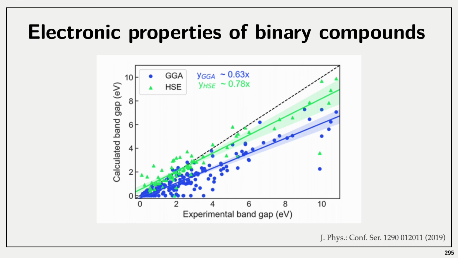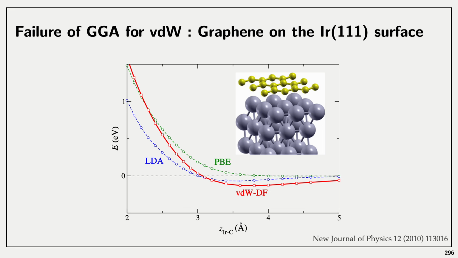Now, a failure that I want to discuss as well, I already mentioned van der Waals, but now I would like to illustrate this. This is an example from this 2010 paper where people were studying the graphene adsorption on an iridium 111 surface. I want you to focus for a second on the blue curve, which is LDA.